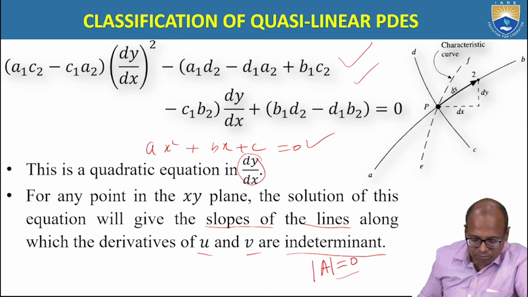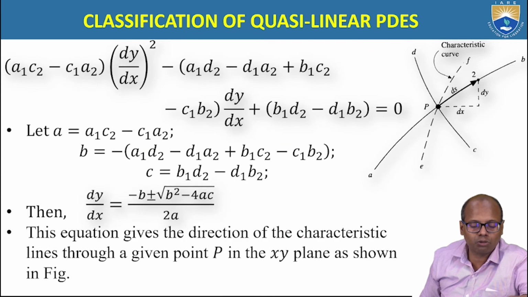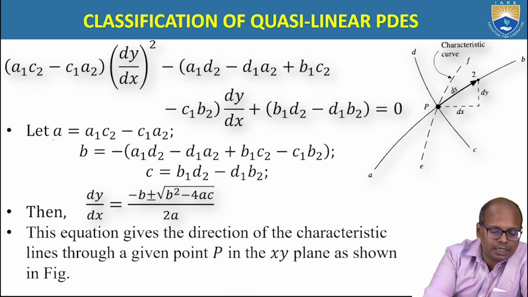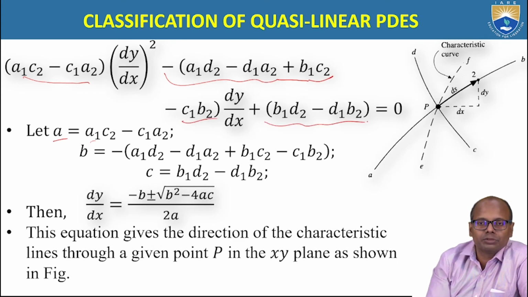Now if I compare these two equations, I am comparing this quadratic equation in terms of dy/dx with this quadratic equation. If I compare that, what can I write? A is equal to a, this is b, and this is c.